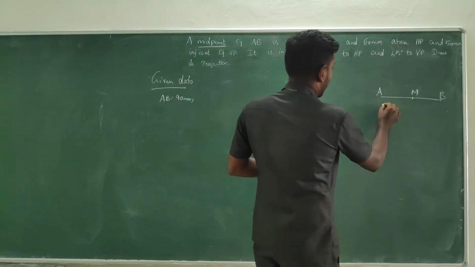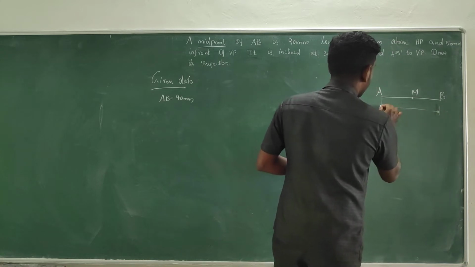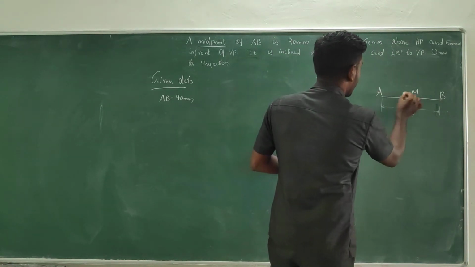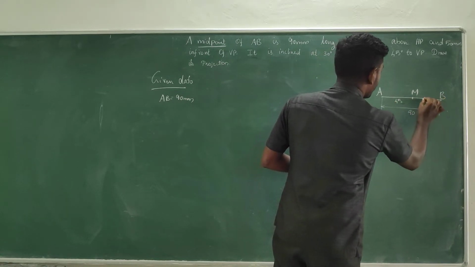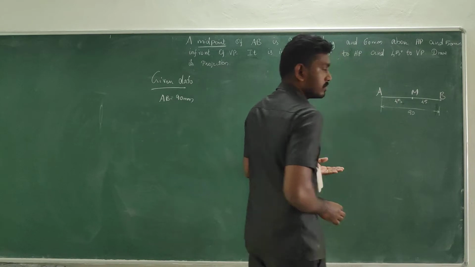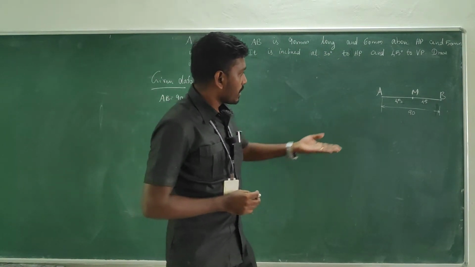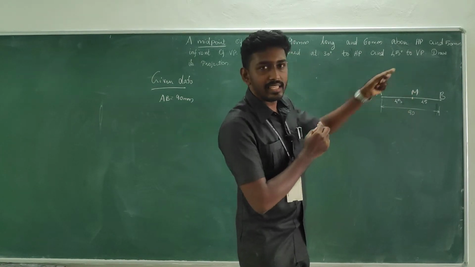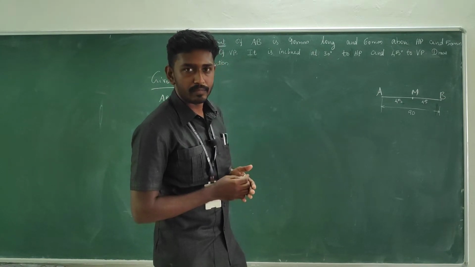So if it is a 90 mm line, based upon the midpoint, I can say A to midpoint is 45 and midpoint to B is 45. Center of the line, right? So in our question, the midpoint is somewhere above HP and somewhere in front of VP.